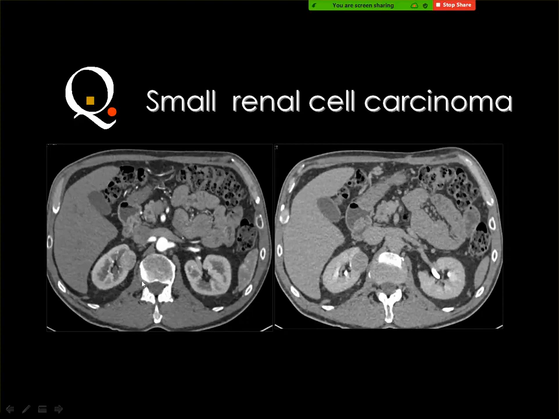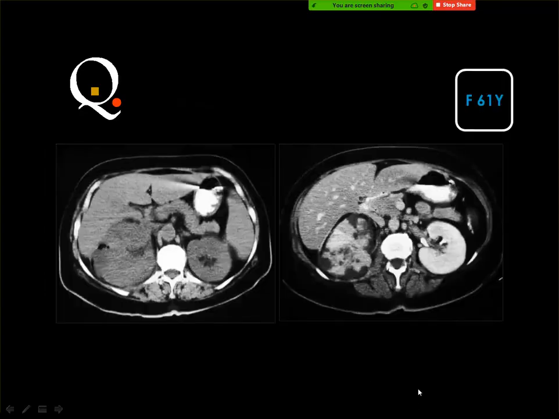But be careful whenever you are doing a triphasic study for the kidney that you may miss a small lesion because of the differential enhancement between the cortex and the medulla. The best way is to wait for the nephrographic phase or the secretory phase where you can accurately delineate the tumor, and this is a small renal cell carcinoma on the right side.